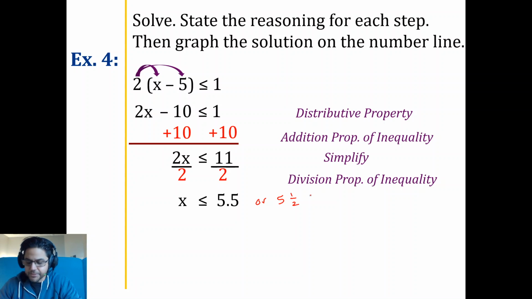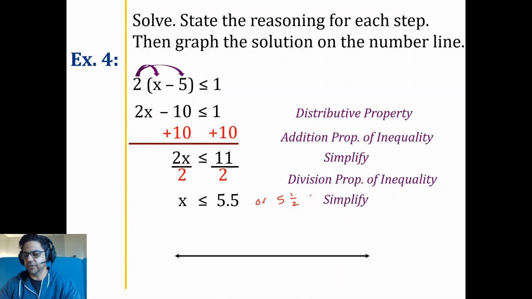Now, the reason the decimal might be more helpful for some students is because in order to actually graph it, if you remember, we would have 4, 5, 6, maybe 7. So on our fractions or decimals, we're going to put a few more points. 5.5 is in the middle of 5 and 6. According to this, it is a closed dot.